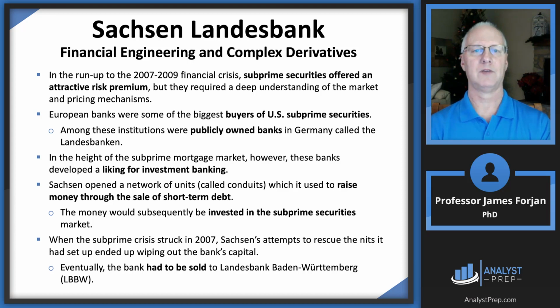How about this Sachsen Landesbank way back in the 2007 financial crisis? Let's go back to this time period, 2004 and 2005. So you have these U.S. banks who were not only underwriting, but then distributing and packaging these mortgage loans, and they needed to sell them, right? And so they were willing to sell them to anybody. Didn't have to be U.S. investors.